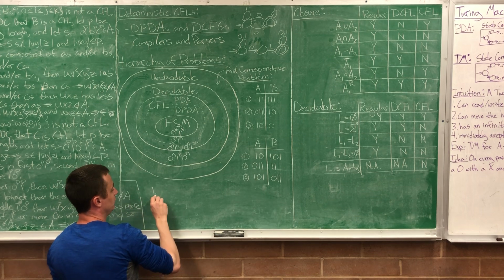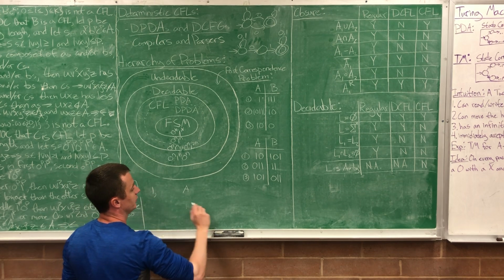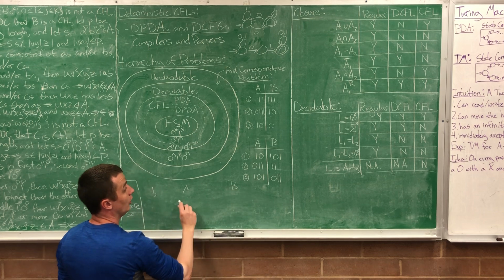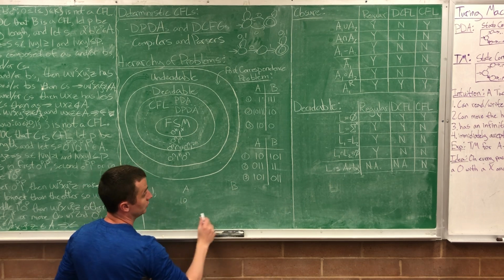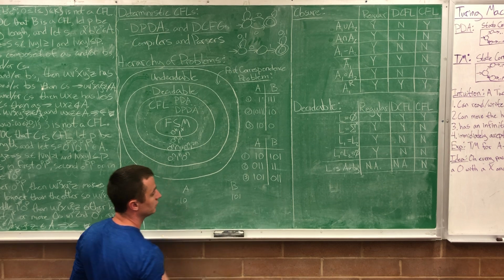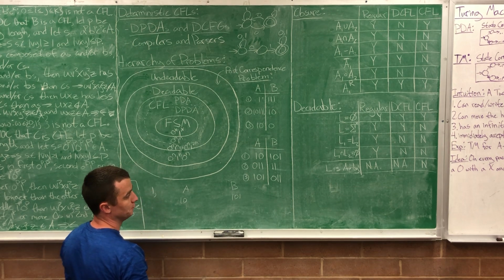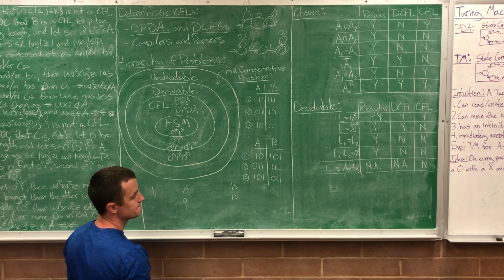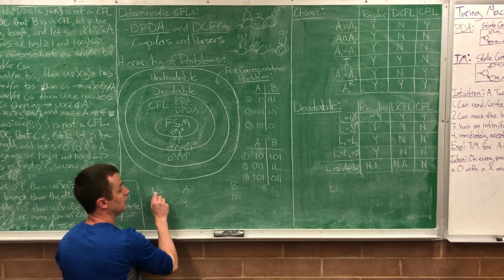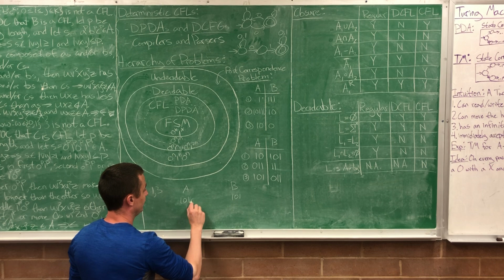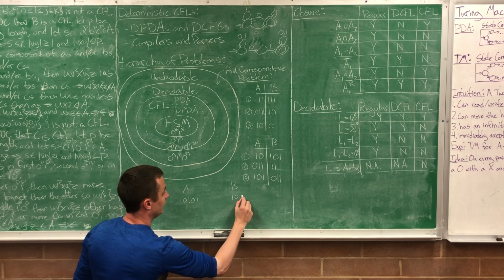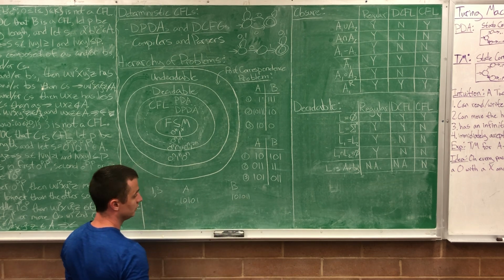So we do 1, and so here's A, here's B. With A, we'll have 1, 0. With B, we'll have 1, 0, 1. Okay? 3. So then we'll have a 1, 0, 1 here, and we'll have a 0, 1, 1 here.